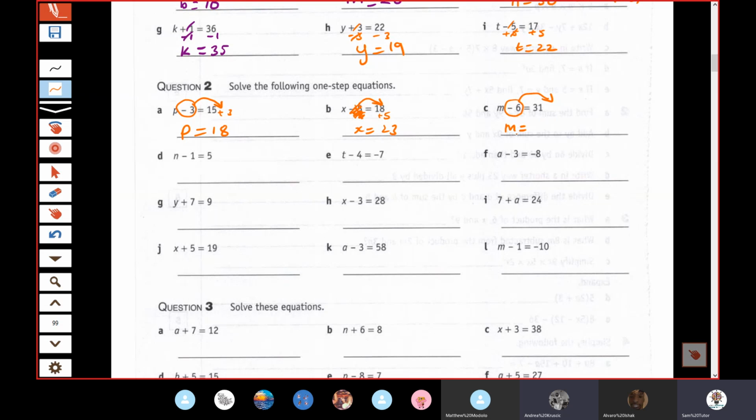Chloe, C. So you do 31 plus 6, which will equal 42. Wait, 31 plus 6. Oh, sorry, 37. Are we looking at the same question? Yeah. Okay. Sorry. All good.